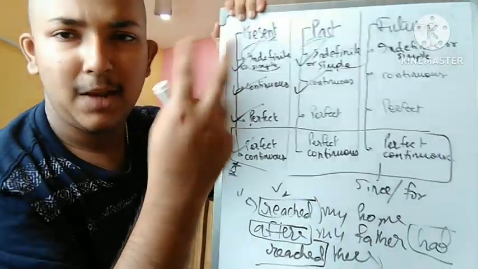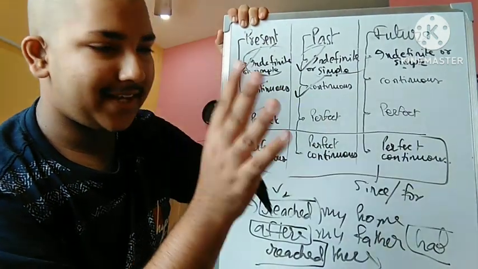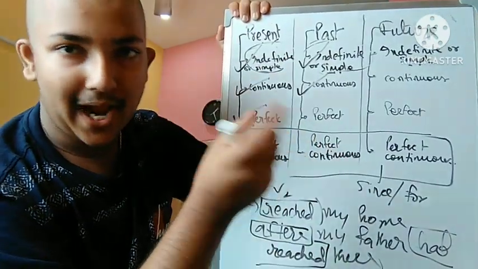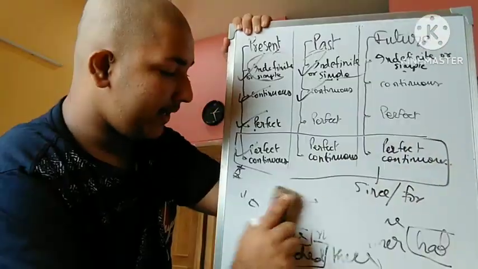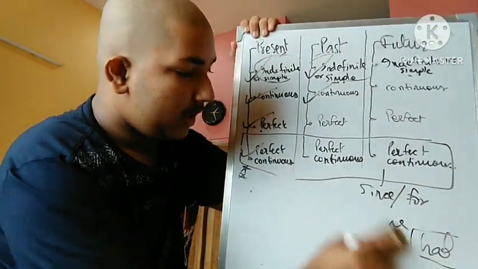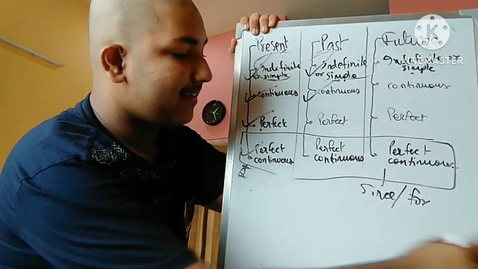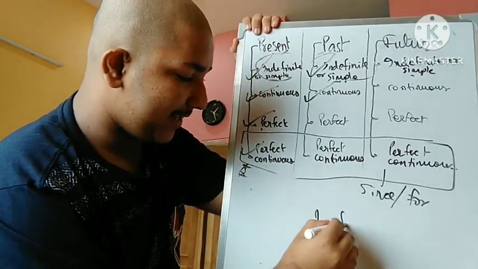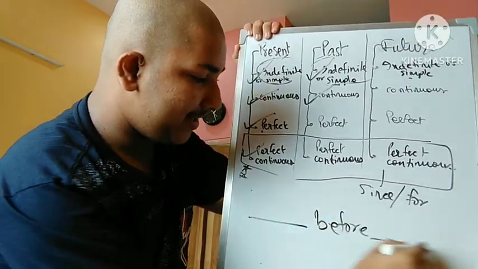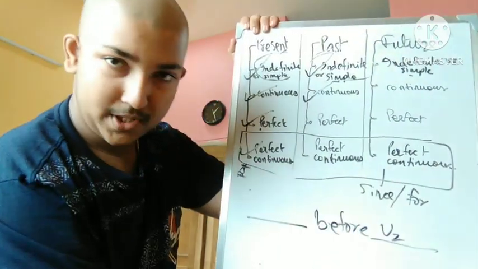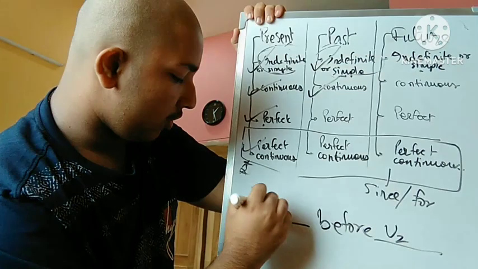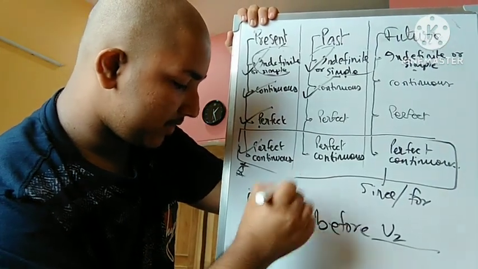So with the help of these two examples, we are getting an approximate idea. I am writing the format: in any sentence, if the word before is there, then after that word we will be using V2, and before that word we always have to put had plus V3.